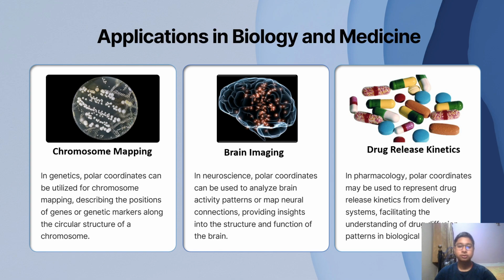In pharmacology and drug delivery, polar coordinates can be employed to model and analyze drug release kinetics from various delivery systems such as microspheres or nanoparticles. The radial symmetry of drug diffusion can be represented using polar coordinates, aiding in the design of controlled release formulations.